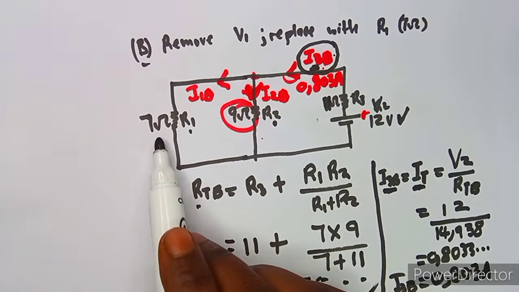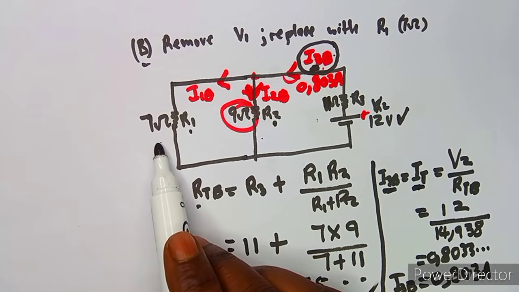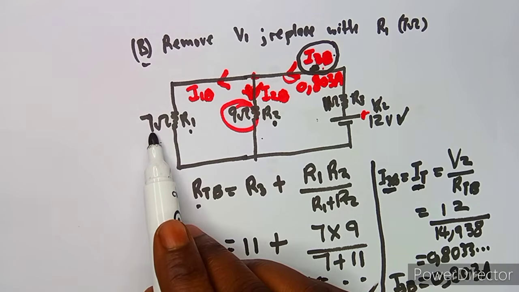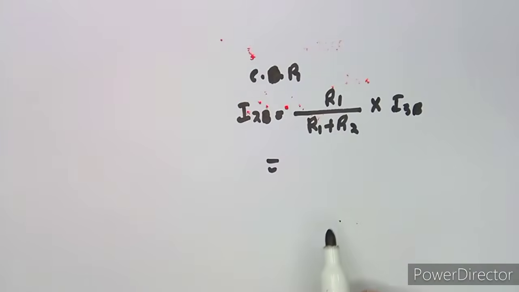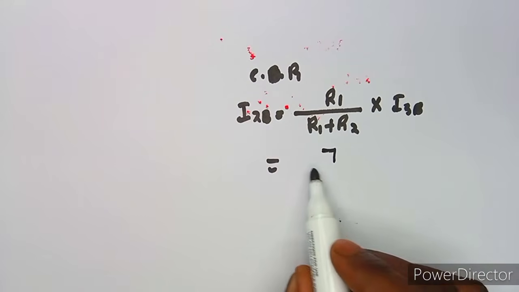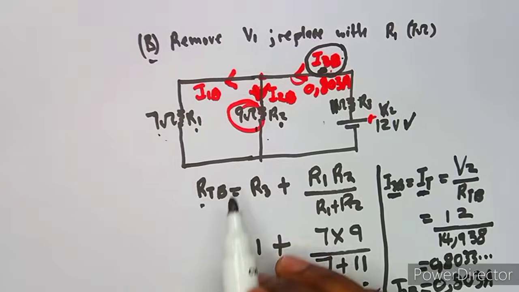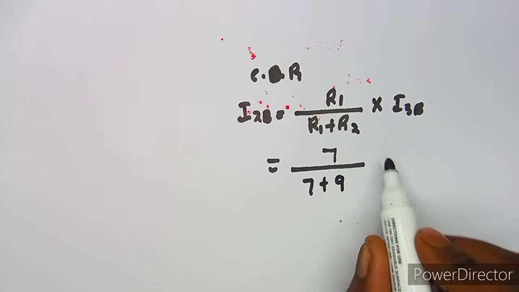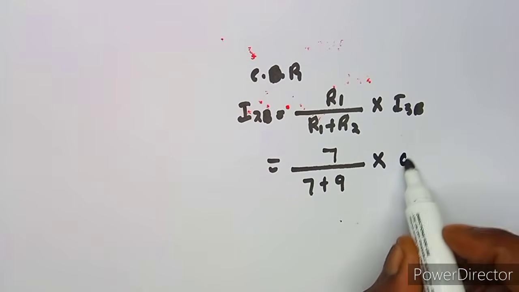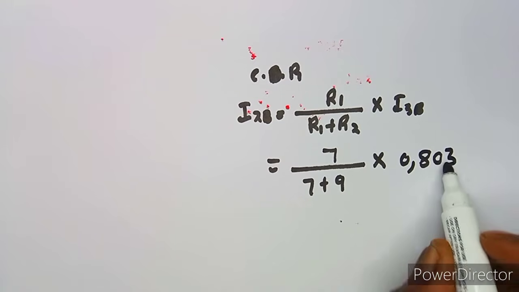So that will be R1 in this case, which is 7. So as you can see here, we are having 7 over the total, which is 7 plus 9, times I3B, which is the total, 0.803.